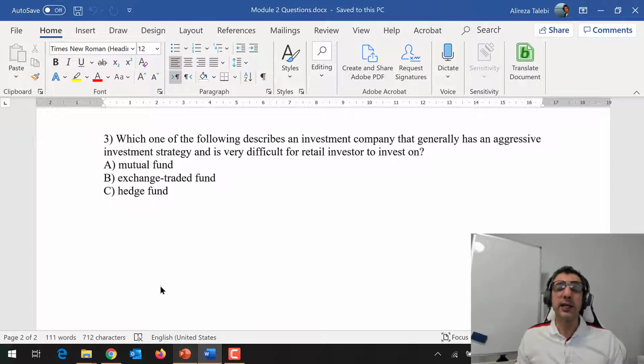On top of that, they use very complicated investment strategies, and they're looking to invest in derivatives, options, futures. So they just want to take high risk in the hope of getting higher profit. So the answer here should be C, or hedge funds.